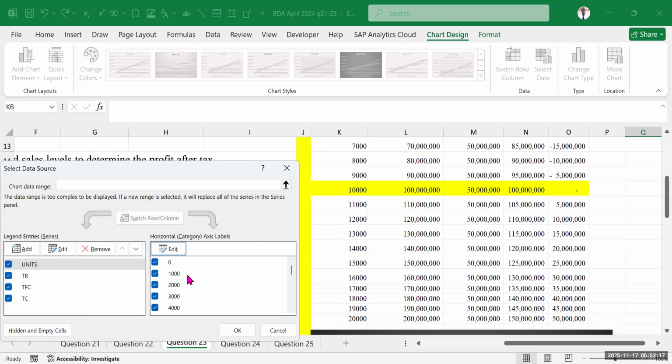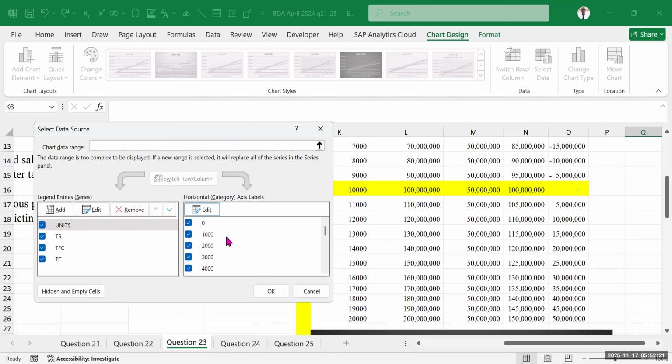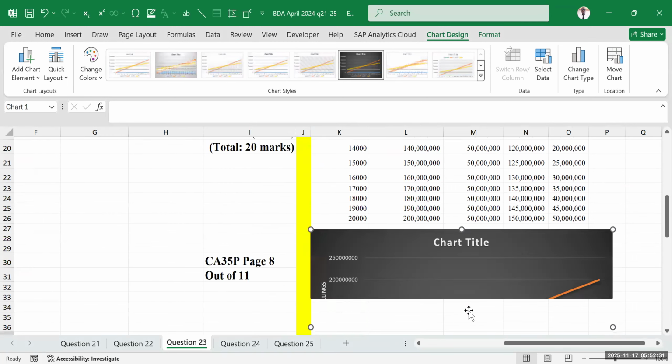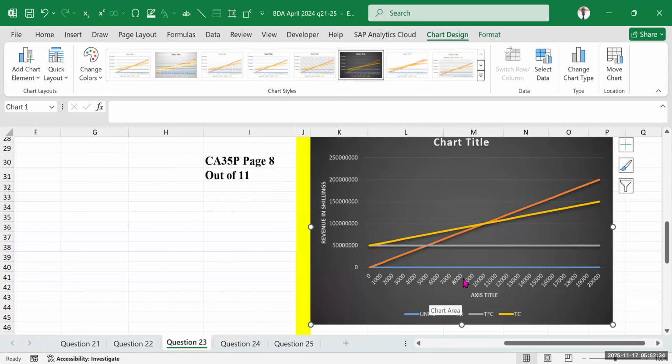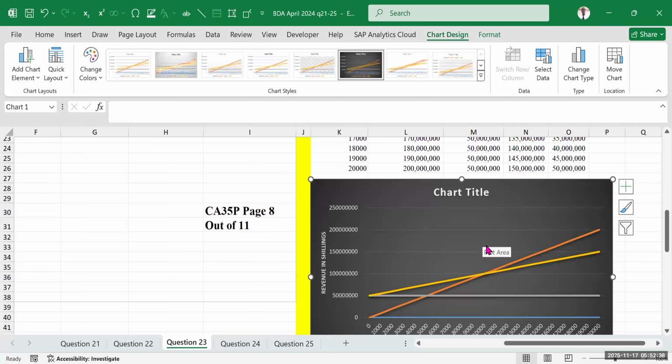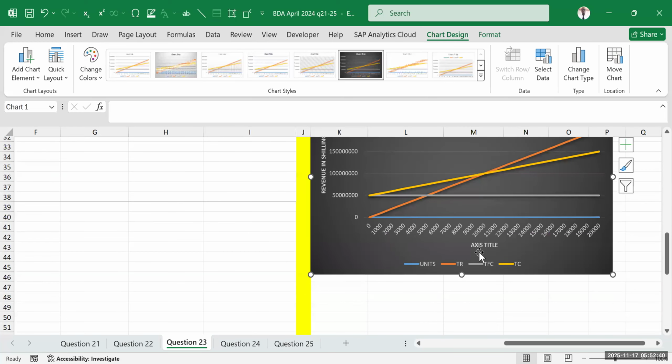When I do that, you see, I've already changed the horizontal axis variables. And you can see now I have units from 0 to 20,000. I don't have to touch my y-axis. No, I don't need to touch it. I confirm by saying okay. And we can see my chart has now changed, and you can see that my x-axis has units.